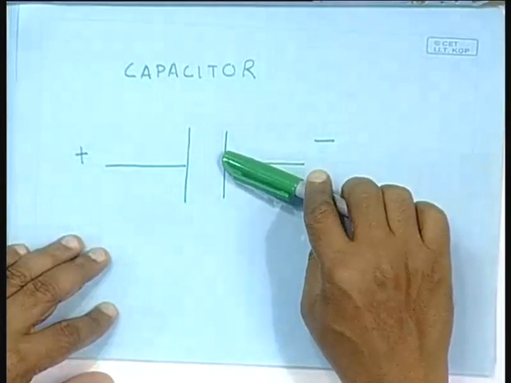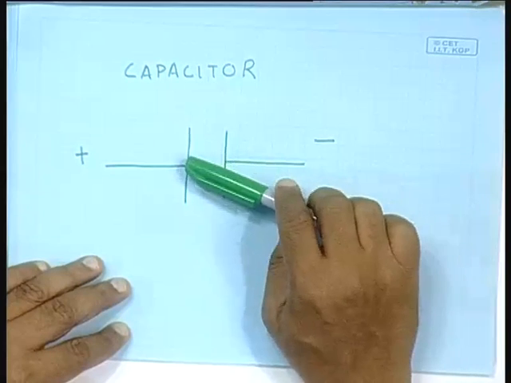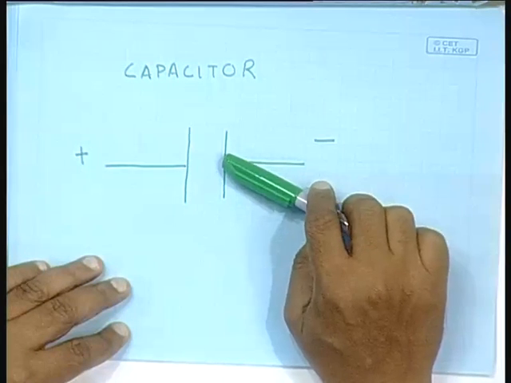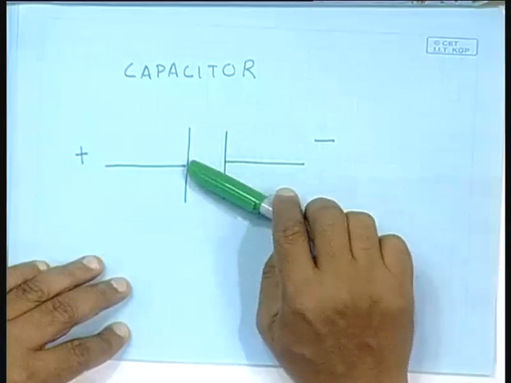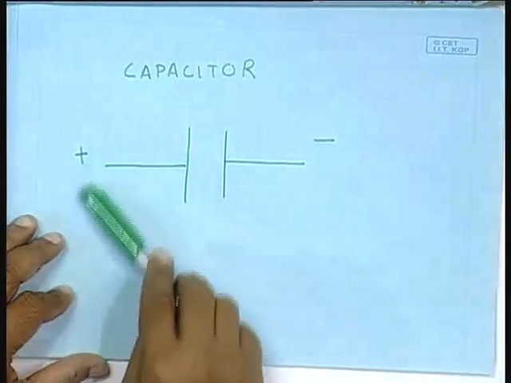After all, we have applied a negative potential here. So, there are electrons here. If the electrons could jump from here to this plate, they would go from a negative potential to a positive potential and they would gain energy in this process and the circuit would be closed.